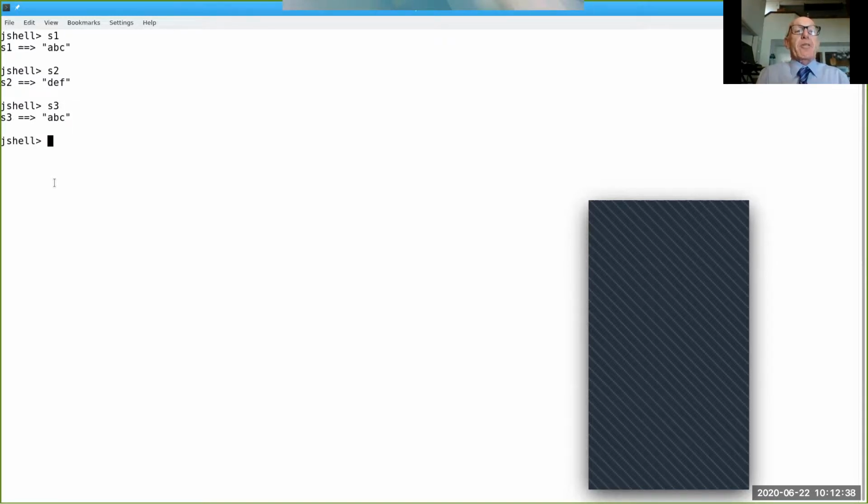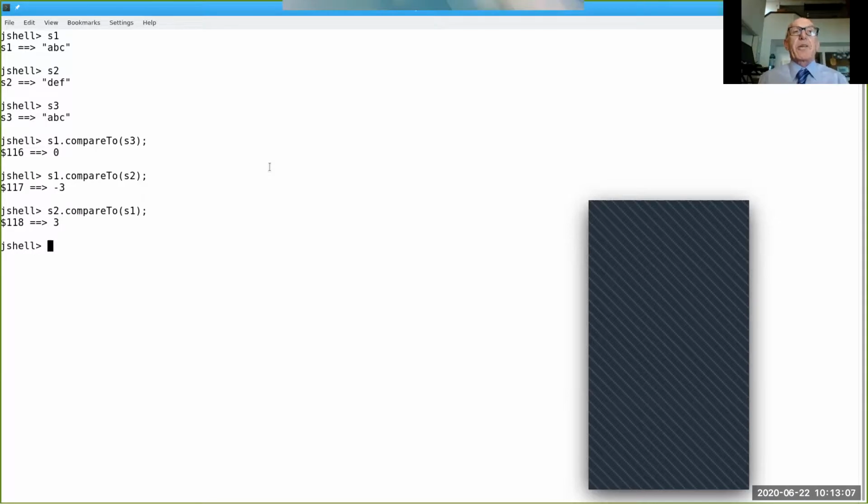To do a comparison the correct way, you say S1.compareTo(S3), and that will give you a 0 if S1 is equal to S3, a negative number if it's less than, and a positive number if, for example, S2 is bigger than S1.